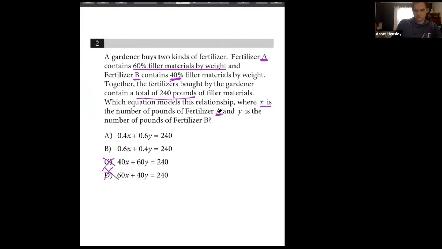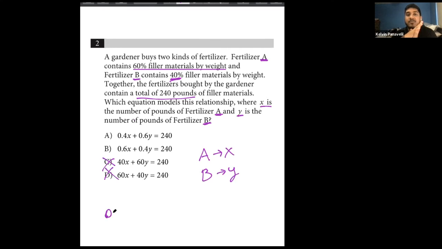So right above A, let's put X. And then Y is the number of pounds of fertilizer B, right? So A is 60, which is X, so it has to be 0.6X. B would be 40% filler, and B is Y, so that'd be 0.4 times Y, right? And a total of 240 pounds.